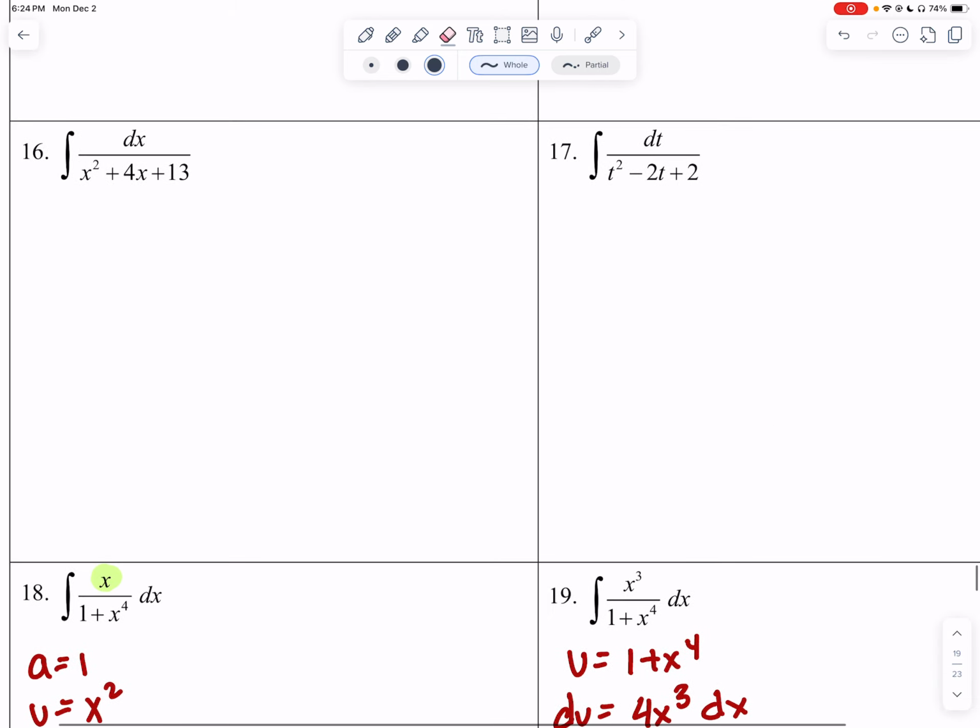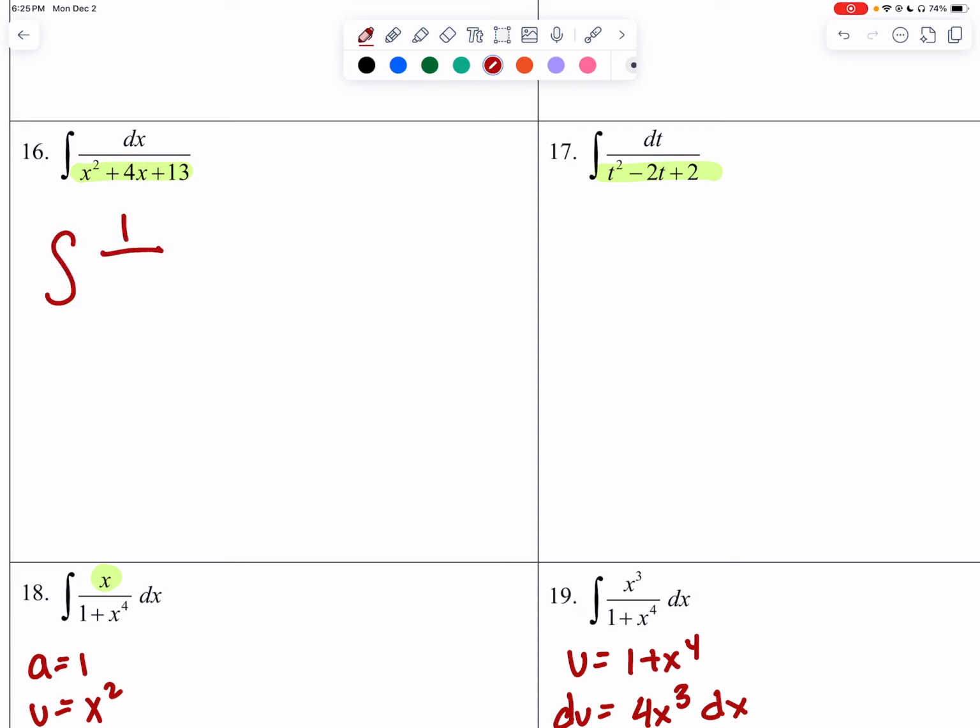Okay, now for number 16 and number 17 here, what we're going to do is try to complete the square, because right now I have x squared plus 4x plus 13 and t squared minus 2t plus 2. If I were to complete the square, I'm going to have the integral of 1 over (x plus 2) squared plus 9 dx, and this right here looks like inverse tangent, because it is.